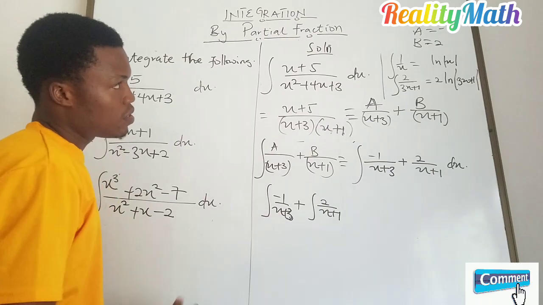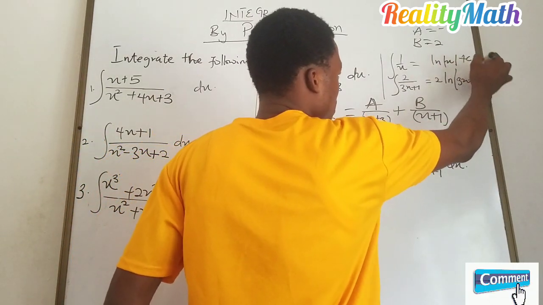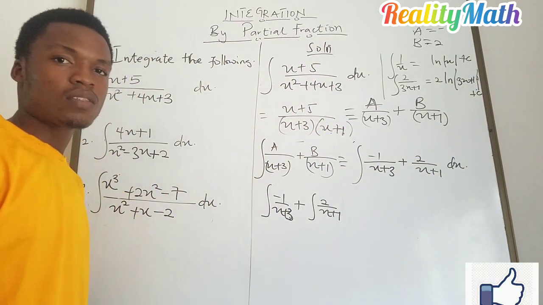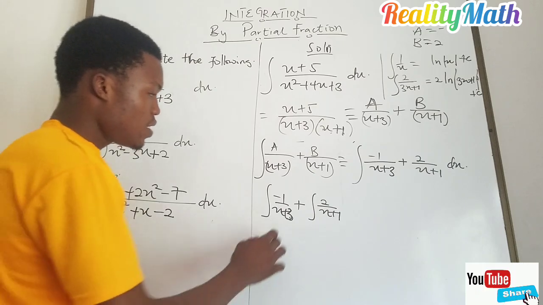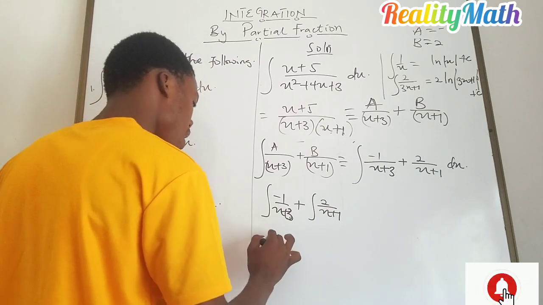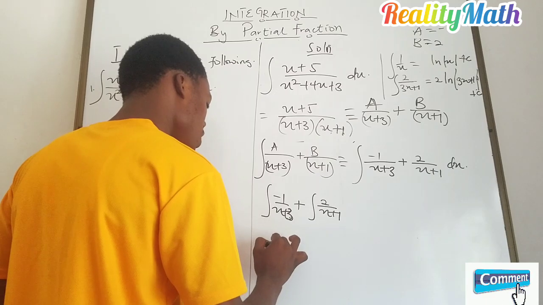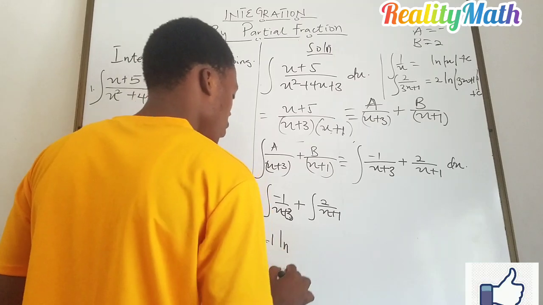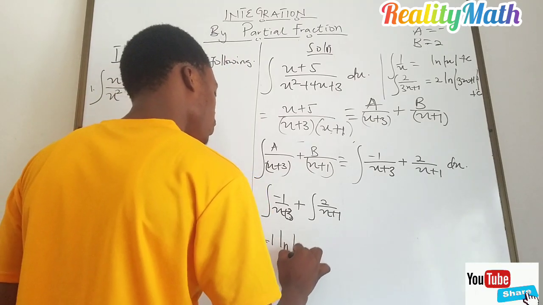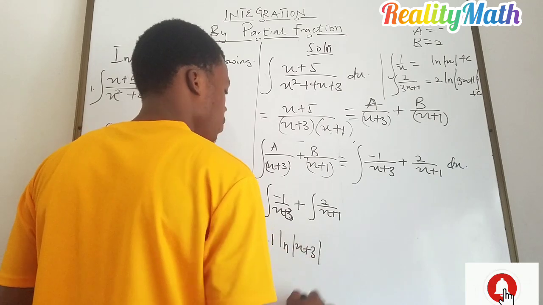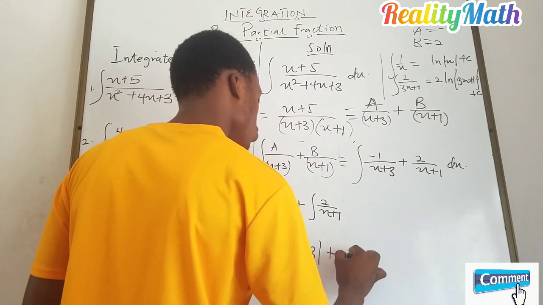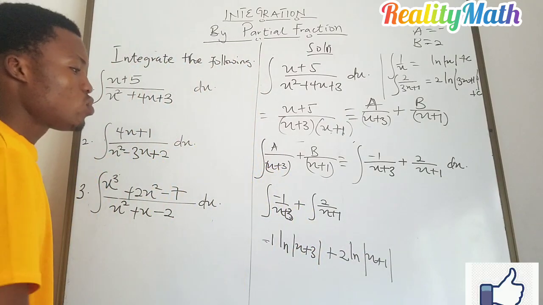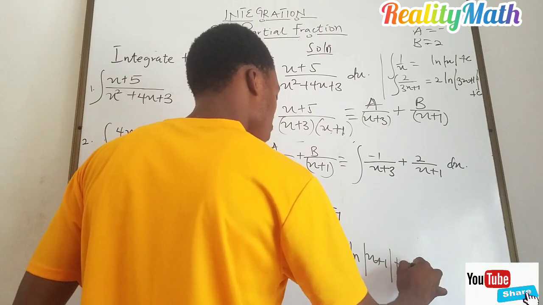So the integral of this, mind you, is going to be plus some constant c, this also plus some constant c. So we are having minus 1 ln of x plus 3, plus 2 ln of x plus 1, plus our c.